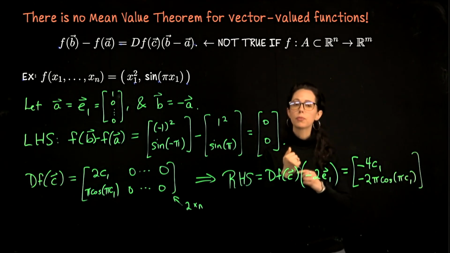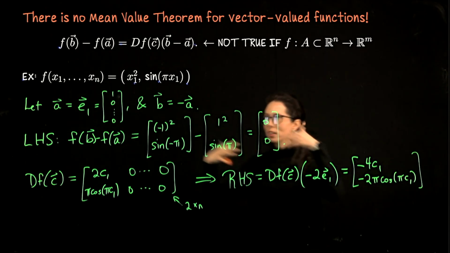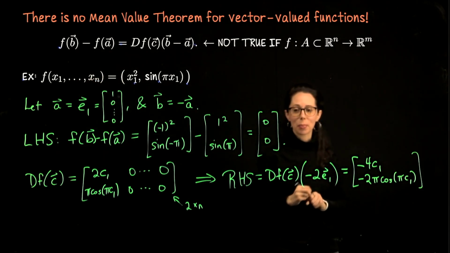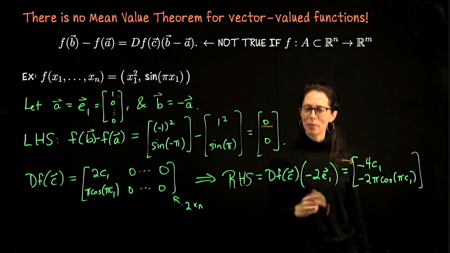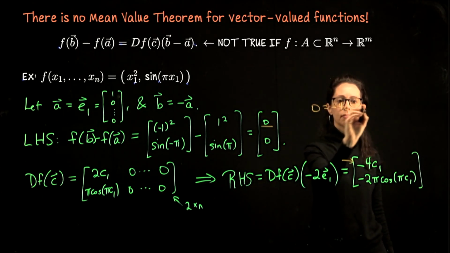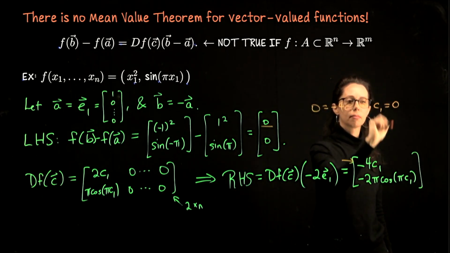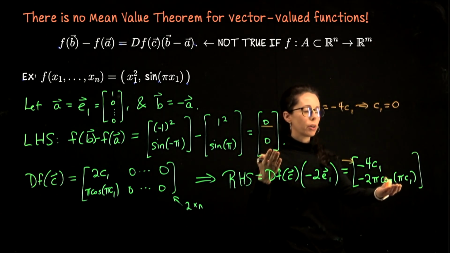We have a system of two equations for two unknowns. That's really the message here: we have a system of equations, and we might not be able to solve it. We need 0 to be equal to negative 4c1, but that tells us c1 is 0. But then 0 also equals negative 2 pi sine pi c1.